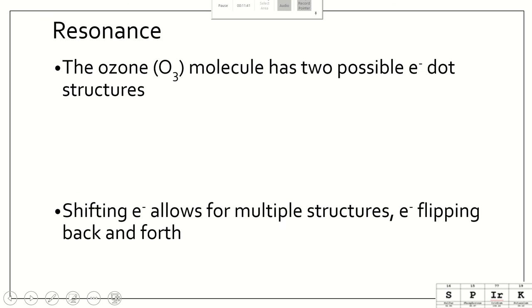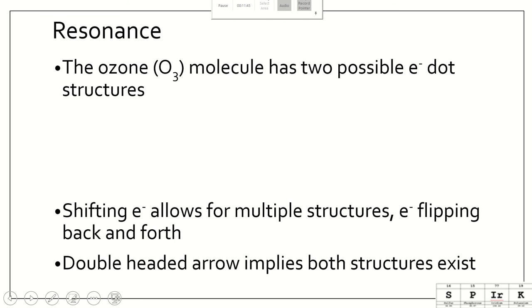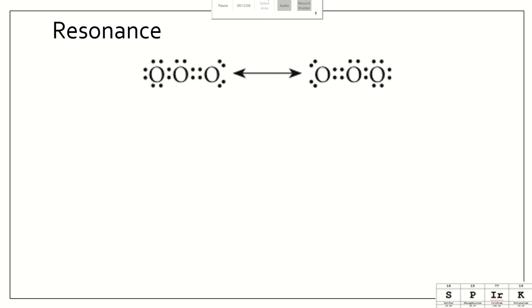is resonance structures. So resonance structures are when there is more than one way to write the same structure. So this is the key here, and I need you to know that. Shifting electrons allows for multiple structures, and those electrons are constantly moving. So just because our carbon dioxide looks like this, it does not mean that these electrons are only ever right here.